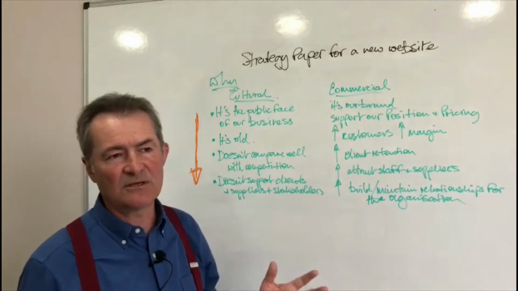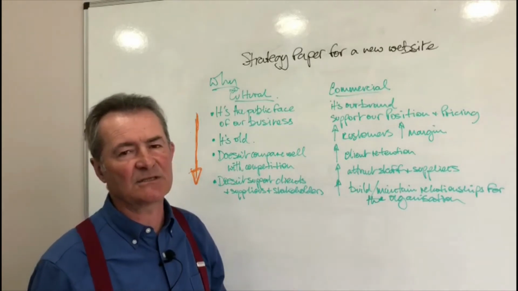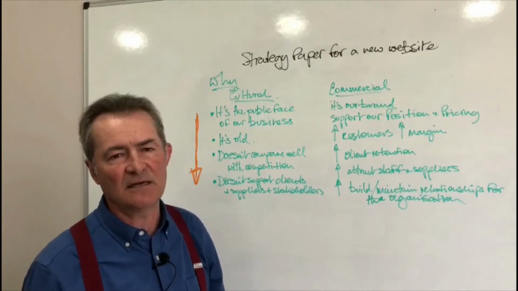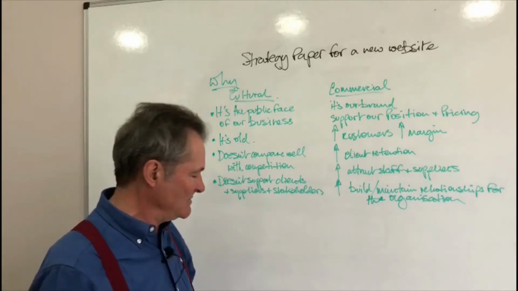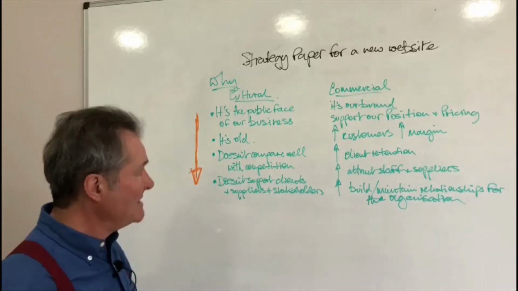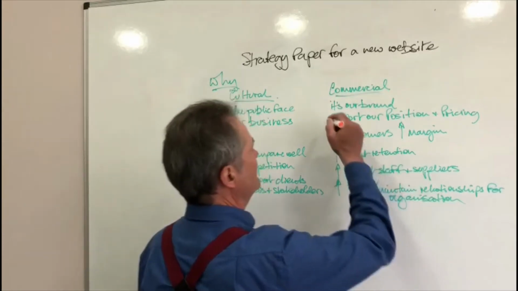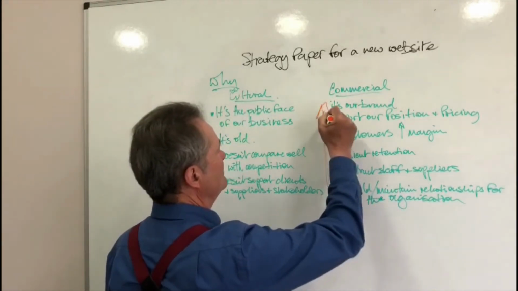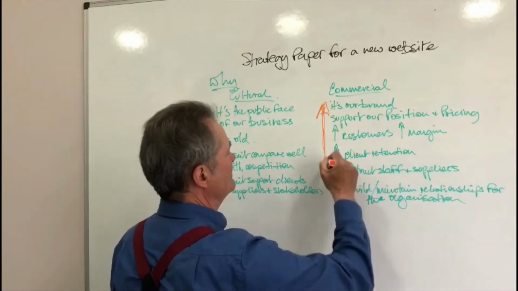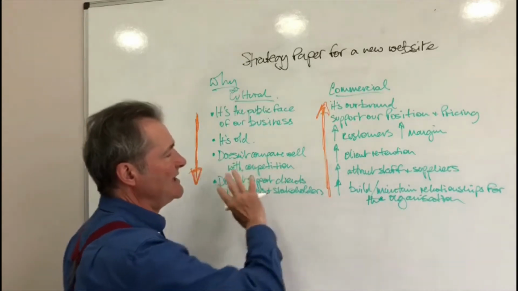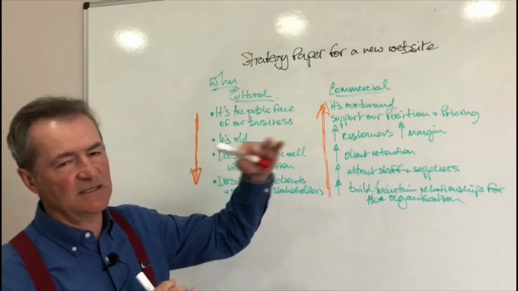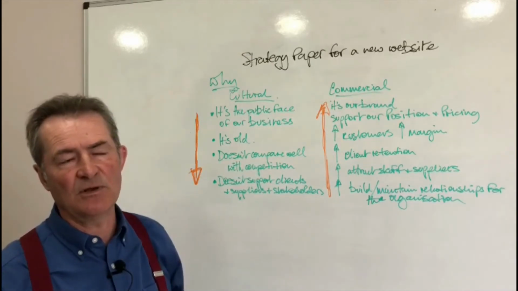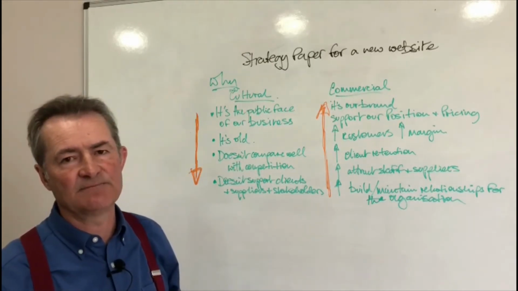In certain circumstances, it can help you attract and retain staff and suppliers as well. So by the time you've done all this, it should be an energy up as opposed to the energy down. That's where the energy will go in the energy curve. This is an exciting thing to do, and we're all happy that we're excited about this.